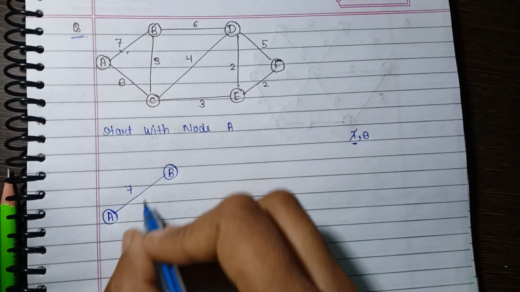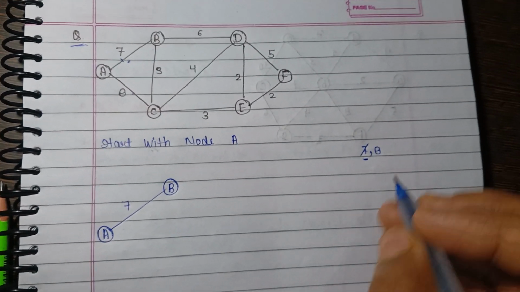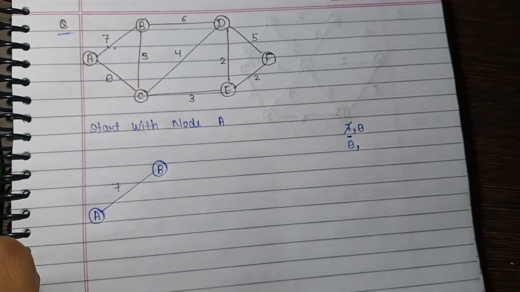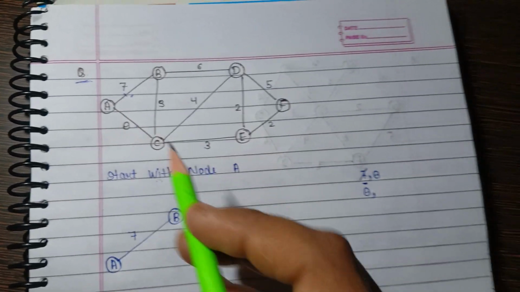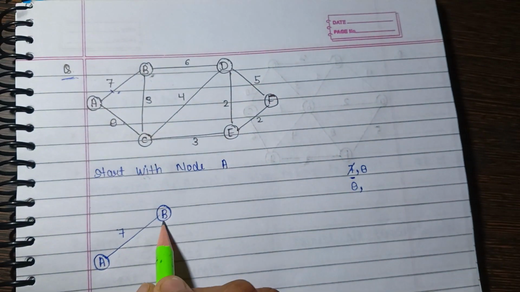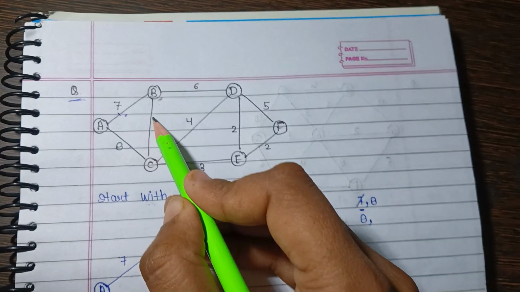Okay, now add the edge, and connect it to the new vertex, and our new vertex is B. Find all the edges connected to it.